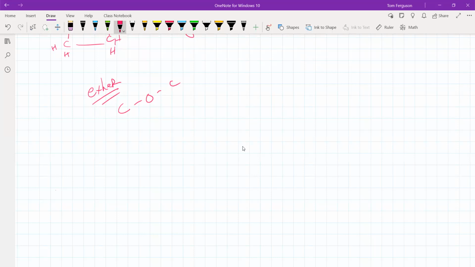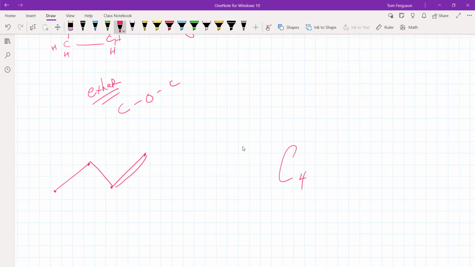Let's write the formula for this guy here. What's the formula for that? First thing you do is count the backbone carbons. Okay, so we have 1, 2, 3, 4. Are there any non-carbon atoms besides hydrogen?